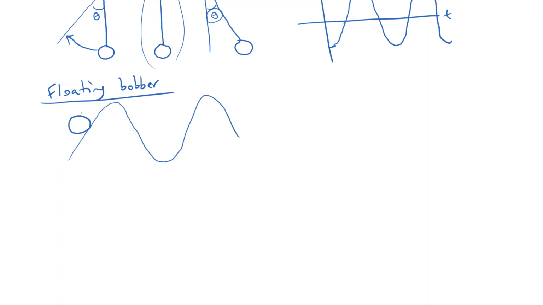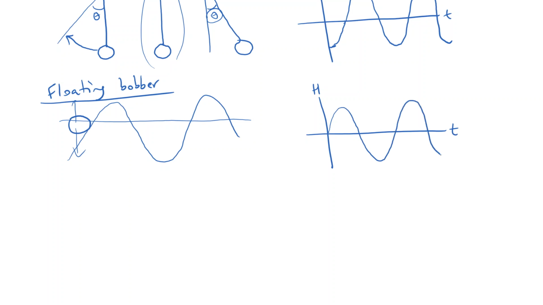As the waves come through, you can imagine the bobber is going to be going up and then back down. So in that case, if you look at the graph of the position or the height maybe of the bobber over time, it may start at 0, right in the middle of the wave, and then as the wave approaches, it might ride on top and then come back to 0 and go back down below and back up and so forth.